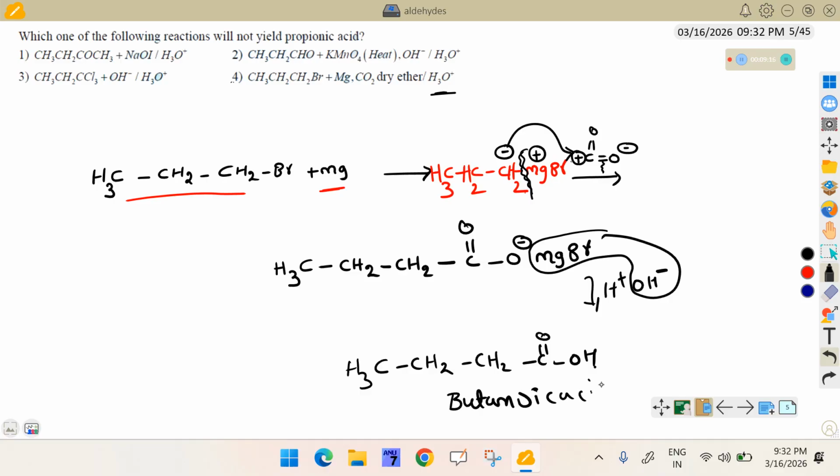Which one of the following reactions will not yield propanoic acid? The fourth one will not yield propanoic acid. Here observe one point: when a Grignard reagent reacts with carbon dioxide, which on further hydrolysis gives carboxylic acid as a product.